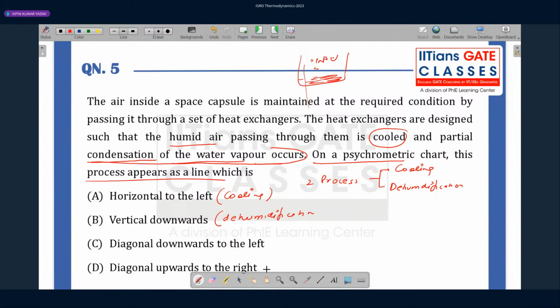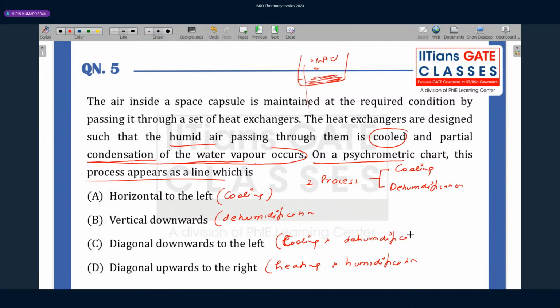Diagonally upward to the right, what does it mean? It means heating and humidification, and this is basically your cooling and dehumidification. So that is your right answer. C is your correct answer. Okay, let's move on.